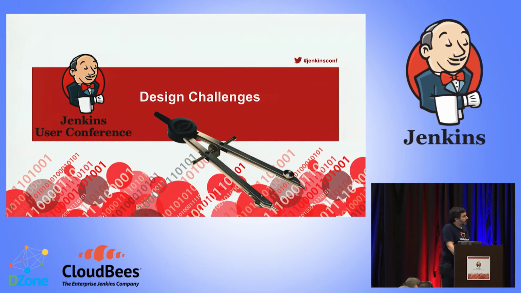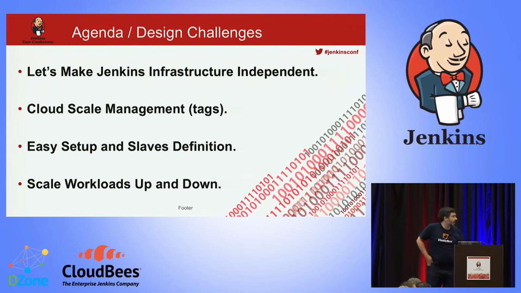Trying to achieve all this, our design challenges have been these four. We are trying with our plugin to make Jenkins independent from infrastructure, so you don't need to know where you are deploying your workloads.